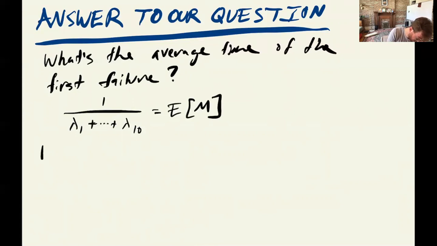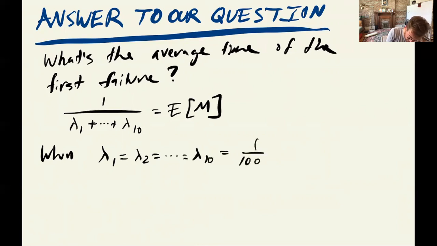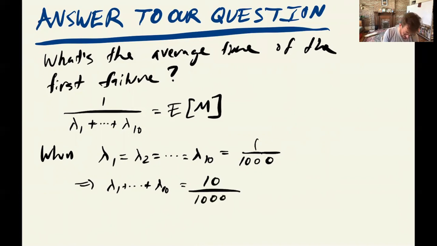So in particular, when each lambda i is equal, they all have the same expectancy of 1 over 1,000 hours. Then this expression actually collapses down to 1 over 10 times 1/1,000 hours, which is 1 over 100.